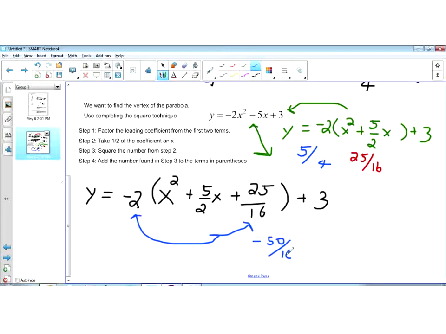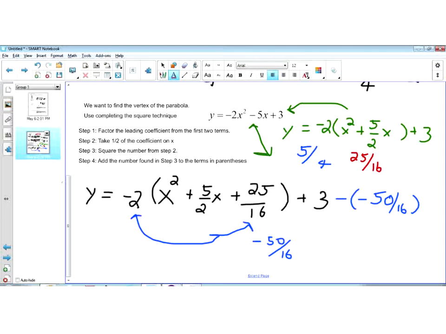In math, when you add a number such as -50/16 to the parabola, to retain the original equation, you have to subtract off the same number that you've added. So in completing the square, we've added -50/16, and now we have to subtract -50/16. Now these two equations represent the same thing.